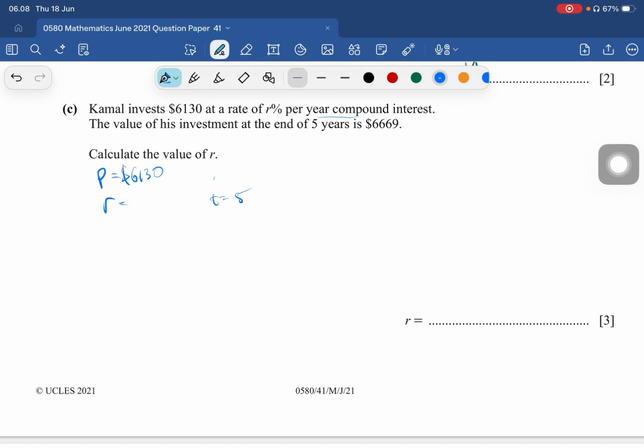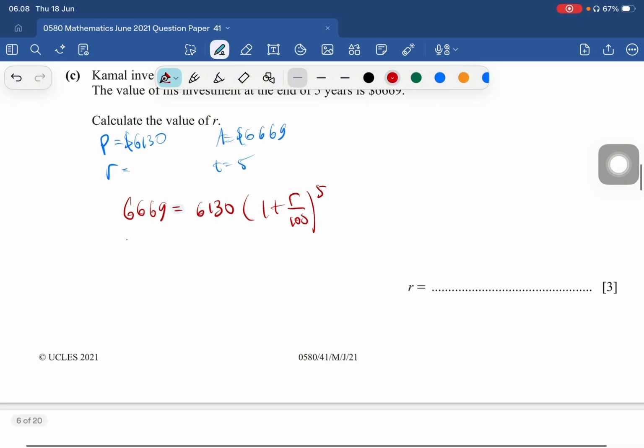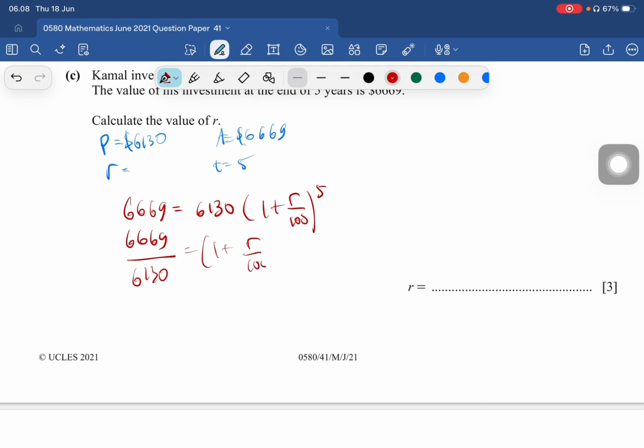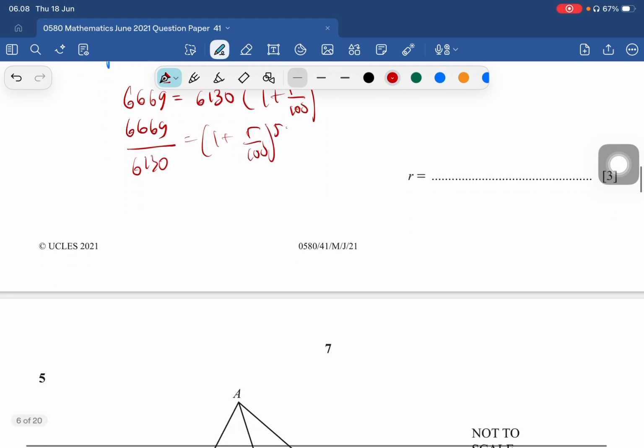So the final amount is $6,669. We can just put it into the formula: 6,669 equal to 6,130 multiplied by (1 plus R over 100) to the power of 5. So here we divide both sides by 6,130. Then 1 plus R over 100 to the power of 5.